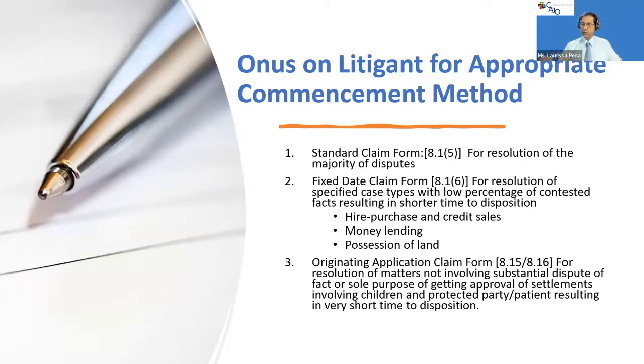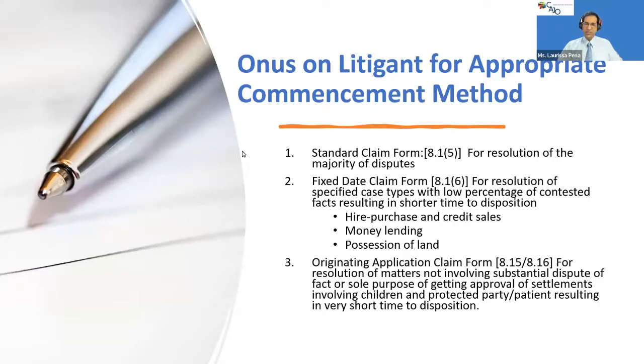But they are also intended to be used for the resolution of matters that do not involve a substantial dispute of fact. And in a sense, they can be used for matters involving children and matters that it is anticipated will have a very short time to disposition.